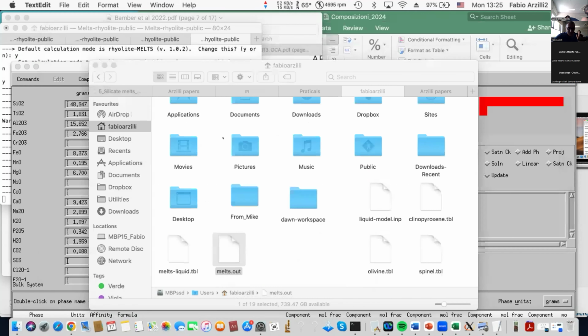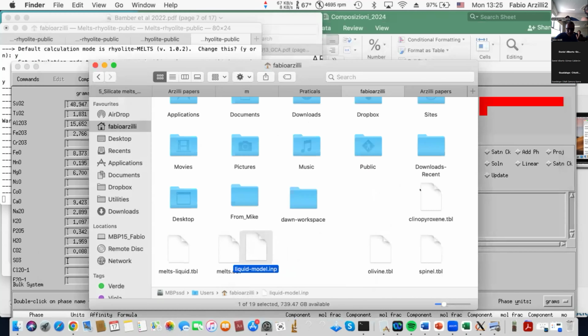So basically, we tested all the undersaturated conditions.